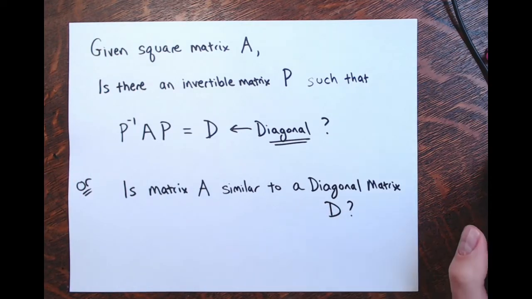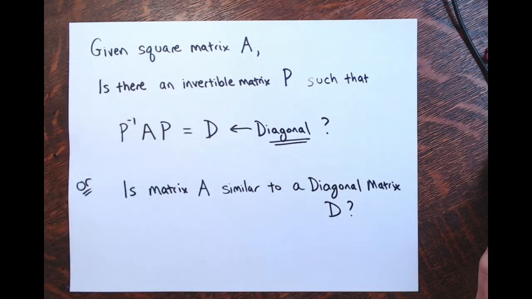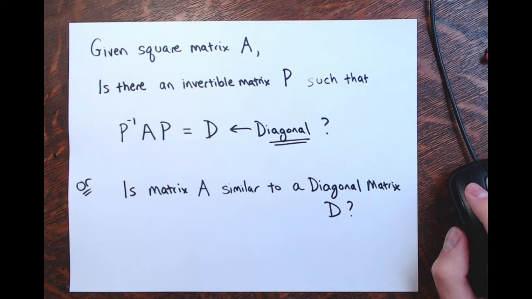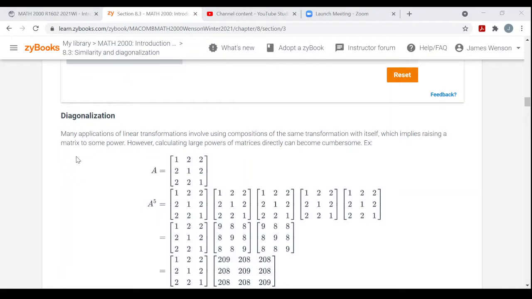And if it is, right, if there is this matrix P such that this happens, then we say that matrix A is diagonalizable. That's if your matrix is similar to a diagonal matrix. So they start off here with an application.